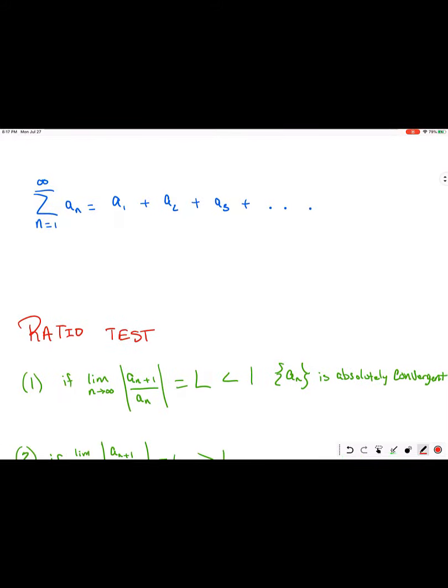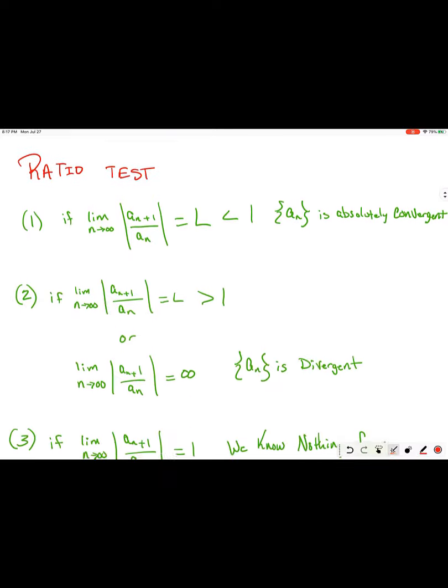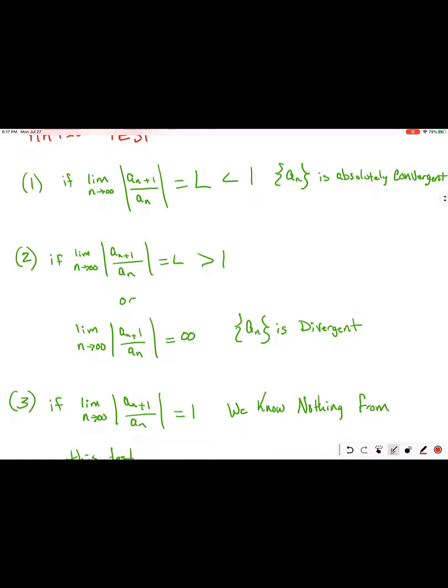So remember that a series is the summation of a sub n from n equals 1 to infinity, and so that's equal to a1 plus a2 plus a3 plus a4. So the ratio test says there are three things we're looking for. What we do in the ratio test is take the limit as n approaches infinity of a sub n plus 1 divided by a sub n, take its absolute value.